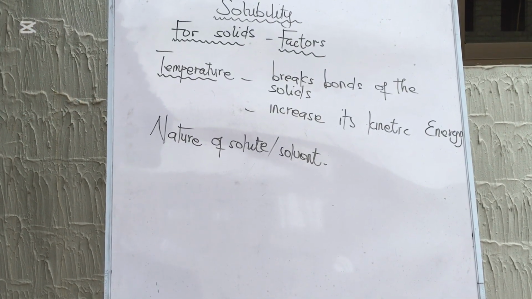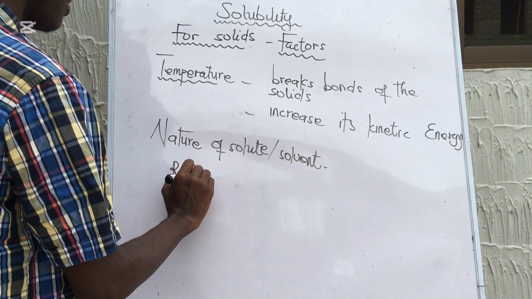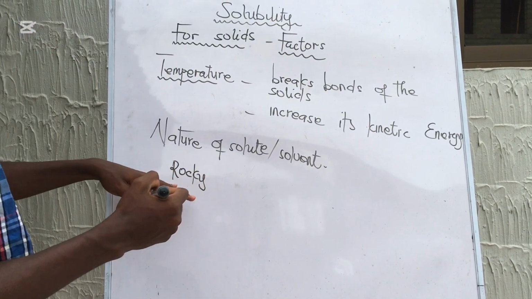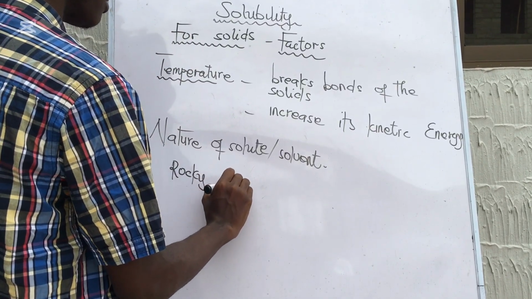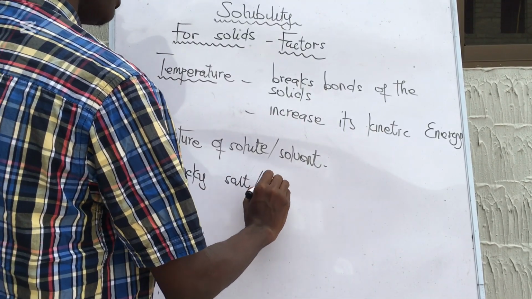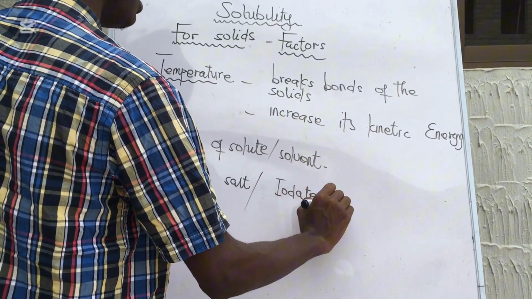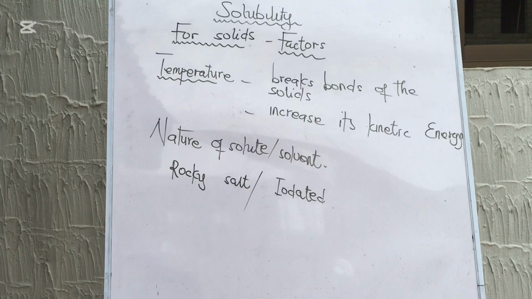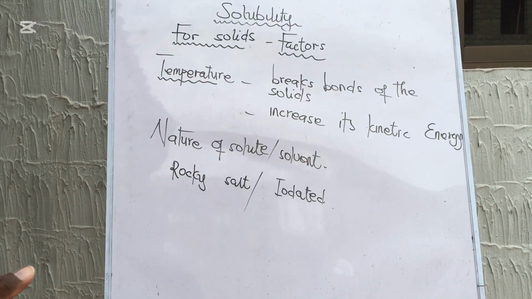In terms of solids, we talk about the surface area because, if you have a rocky salt, let's talk about the surface area for instance. But it's not actually a main factor that affects the solubility. If you have a rocky salt and an iodated salt, this iodated salt is fine in nature. They are very small, but the rocky salt is large.